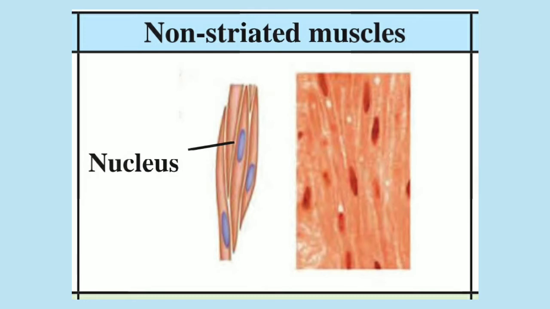Hence, they are called involuntary muscles. They are present in the alimentary canal, blood vessels, etc. Their functions are movements of eyelids, passage of food through alimentary canal, contraction and relaxation of blood vessels.